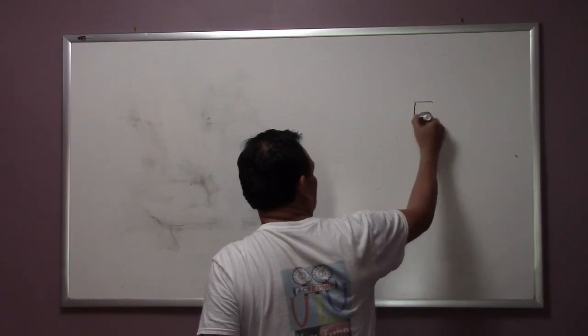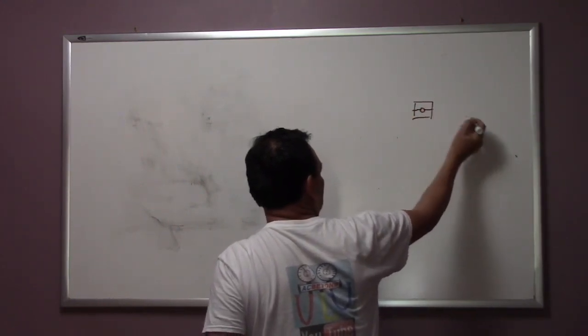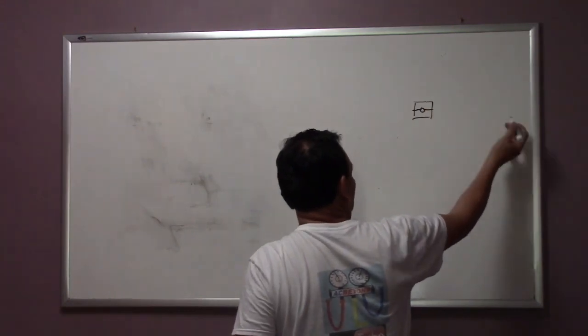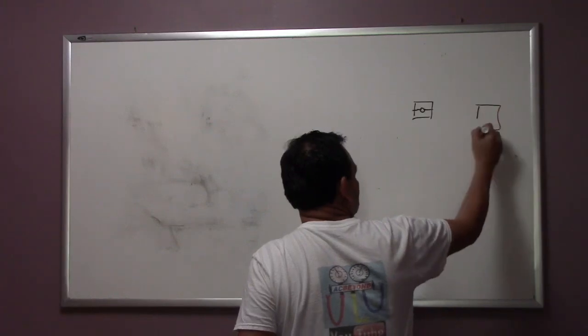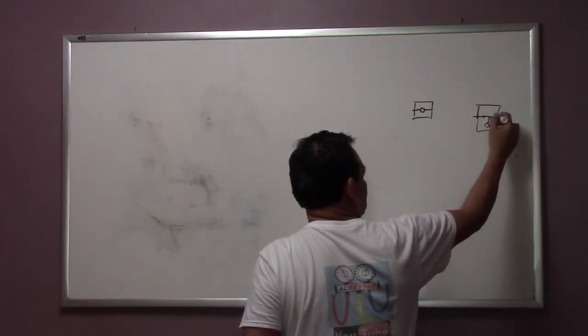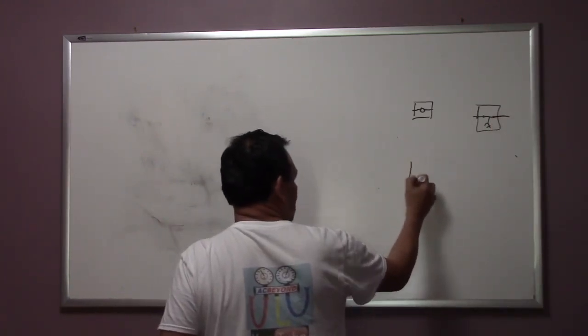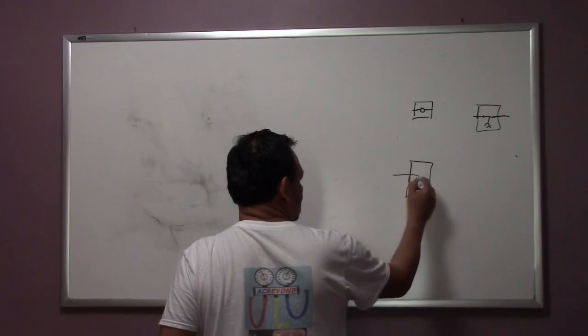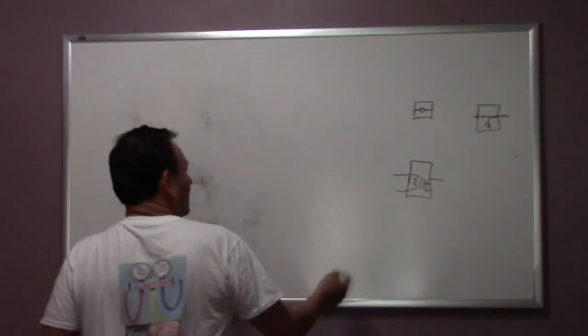Let's say you have a coil in here, and over here they use a symbol for the low pressure switch, and then you have a box, a transformer. That's a pictorial.